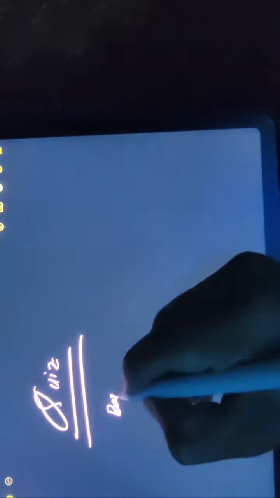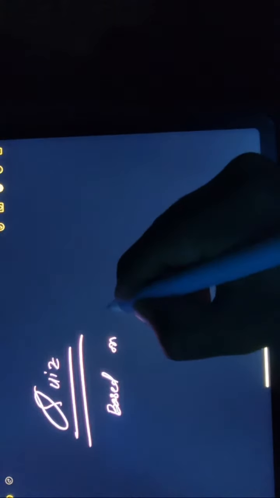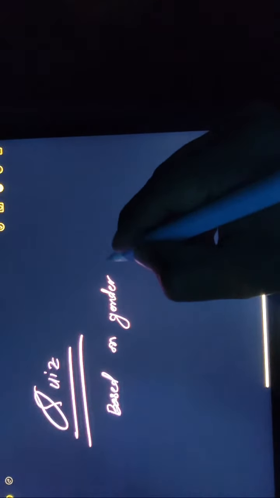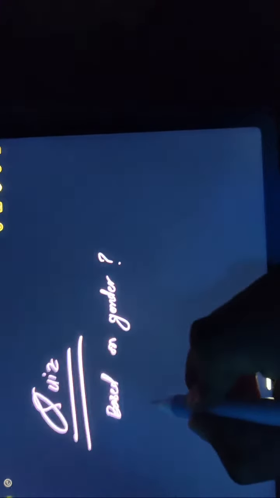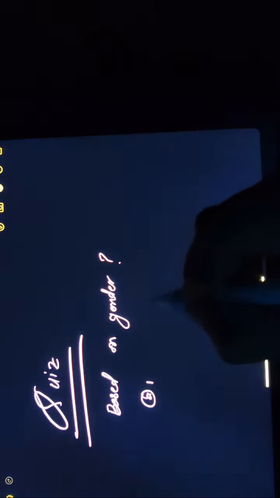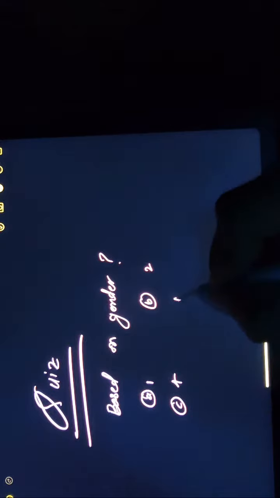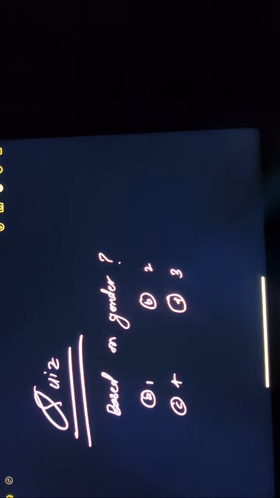And the very first question is going to be that based on gender, how many types of noun are there? A 1, B 2, C 4, and D 3.